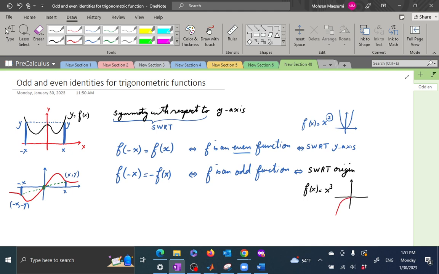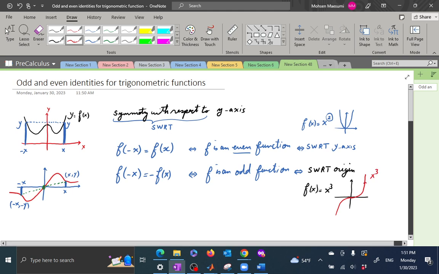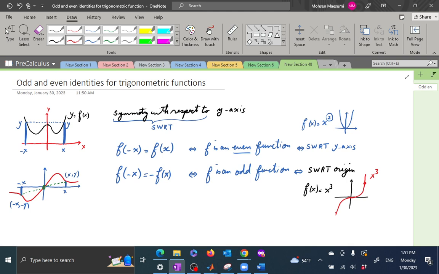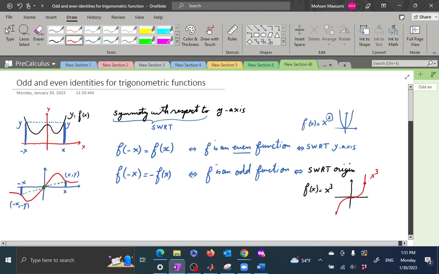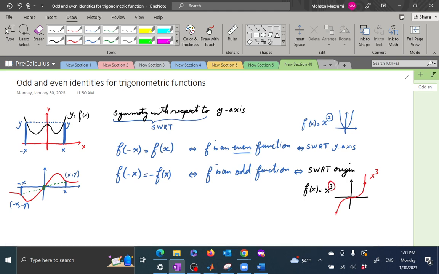If you have drawn this back in your algebra 1 and algebra 2, you might remember this is how x cubed looks. Like if you are on the right, say at the point 2 and 8, on the left you're at the point minus 2 and minus 8. Because of this exponent being odd as opposed to this one that was even, it's called an odd function.